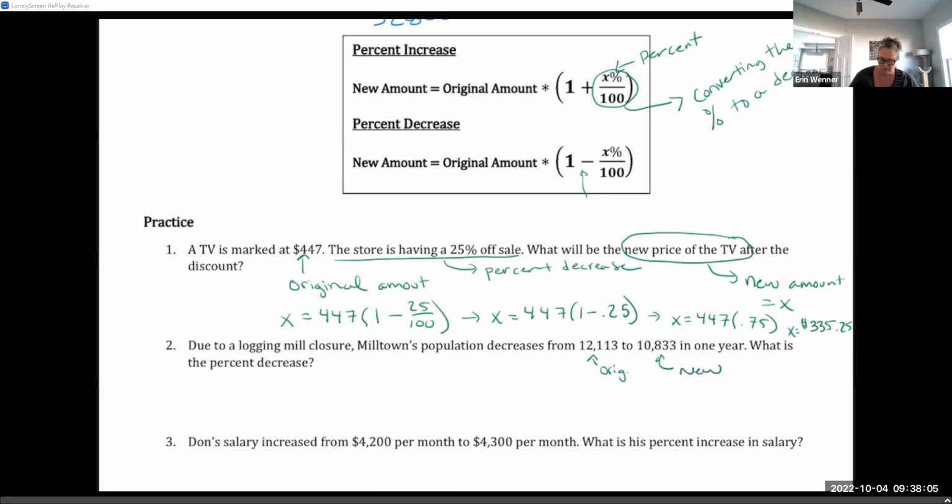So if we plug those values in, we're going to have 10,833 equals 12,113 times 1 minus, and we don't know the percent change. So that's where our variable is going.